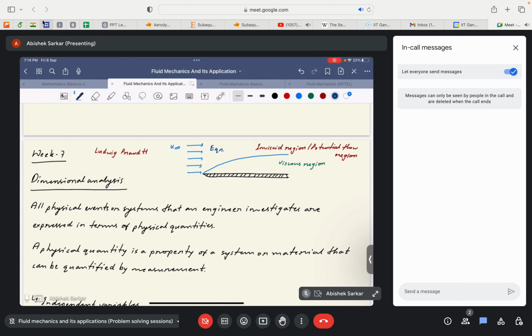We will see how a basic understanding of dimensional analysis helps us to derive these two different sets of equations, equation set 1 and equation set 2, from the same momentum and continuity equations, basically the Navier-Stokes and continuity equations, if we assume the fluid is Newtonian. Let me write it.